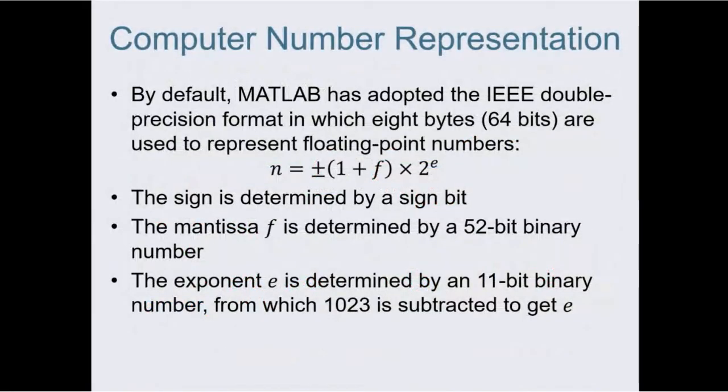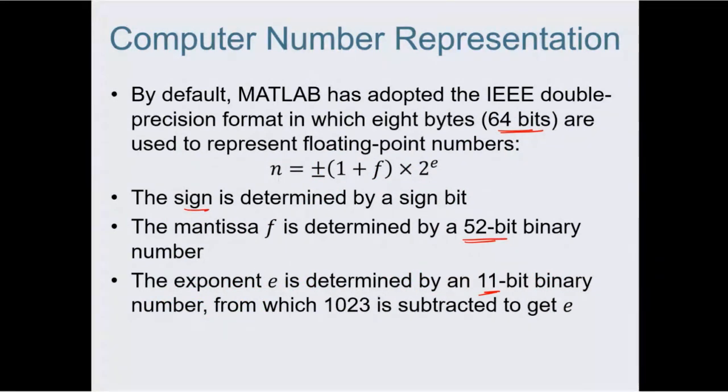By default, MATLAB works on the IEEE 64-bit system, and from these 64 bits, one of them is used for the sign, and then we have 52 bits for the mantissa, and then we have 11 bits for the exponent.